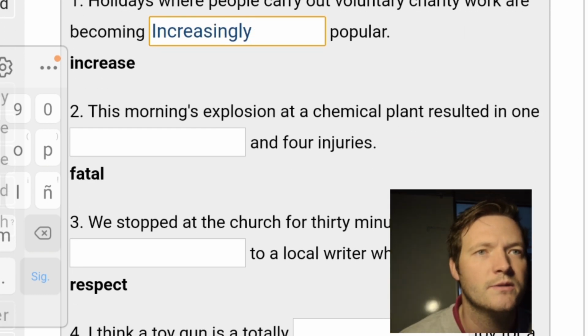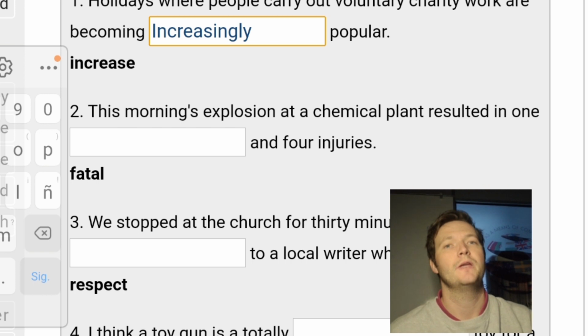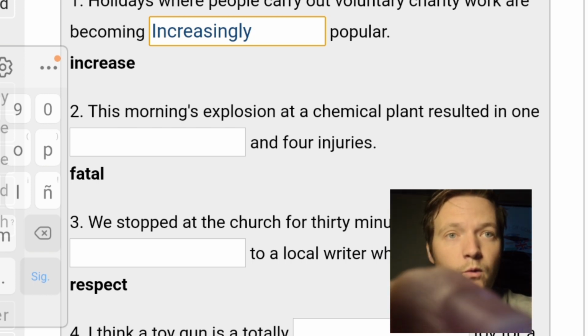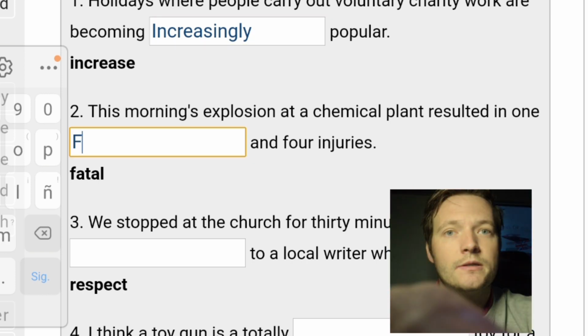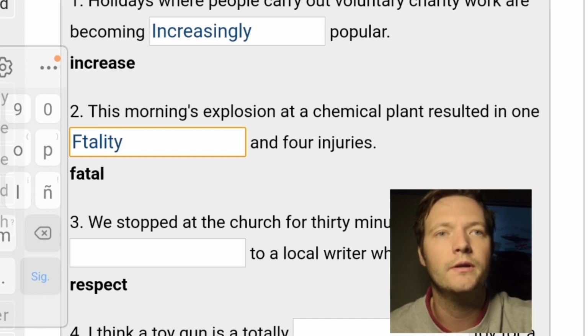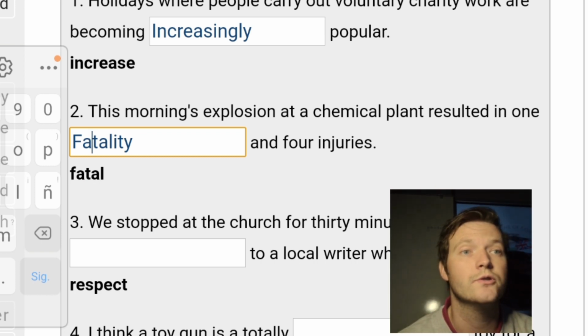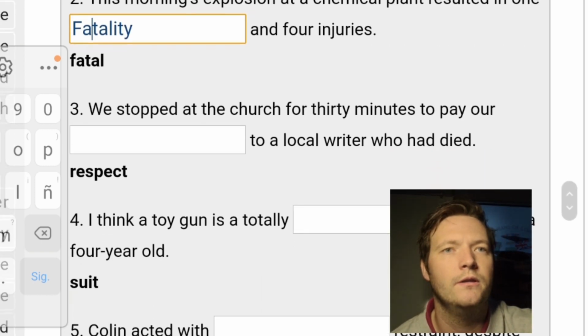Okay. This morning's explosion at a chemical plant resulted in 1 fatality and 4 injuries. Right, so 1 death, basically. Again, I've misspelt it. There you go. 1 fatality and 4 injuries. Okay, number 3.